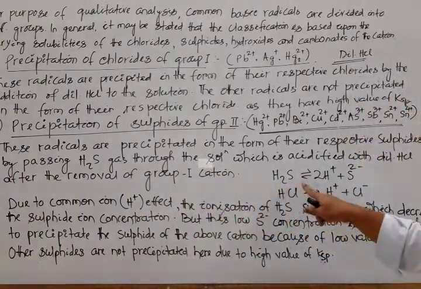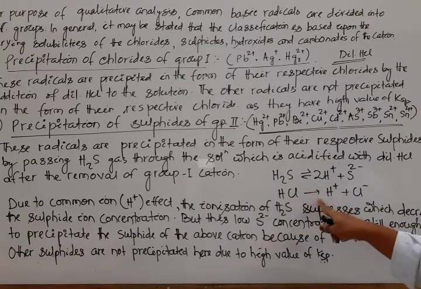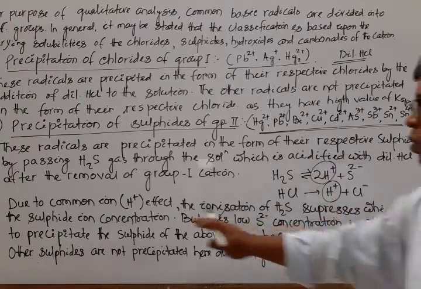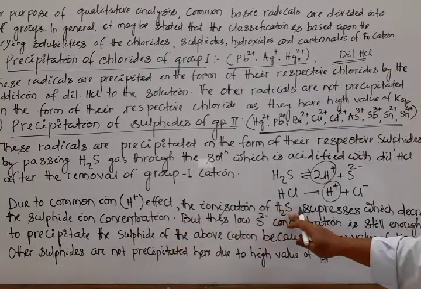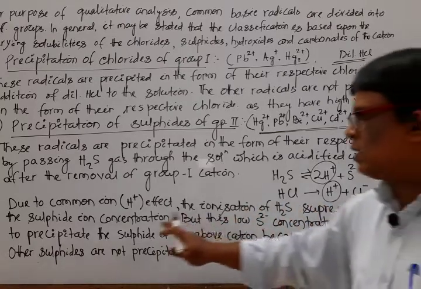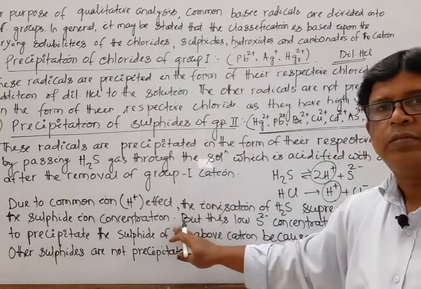Mark the equation. H2S, a weak electrolyte, ionizes partially. HCl, a strong electrolyte, ionizes completely. What is the common ion here? Mark that. This is the common ion. So due to the common ion effect, what happened? The ionization of H2S is suppressed, which decreases the sulfide ion concentration.